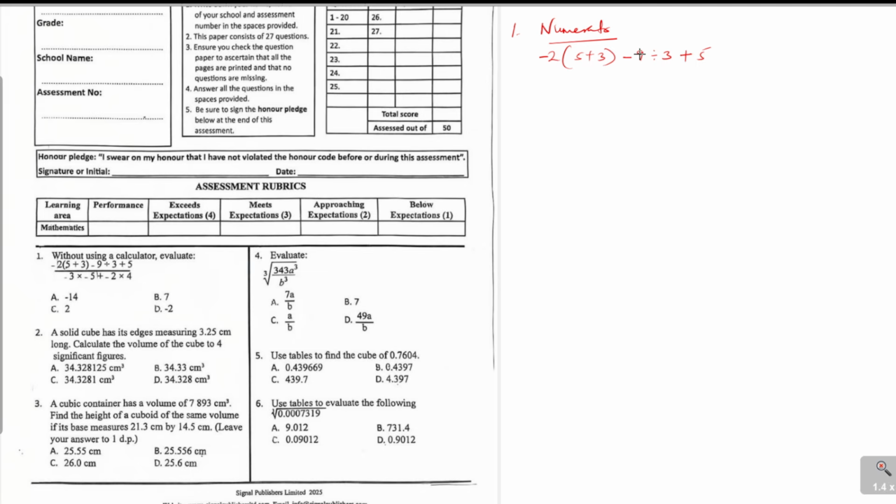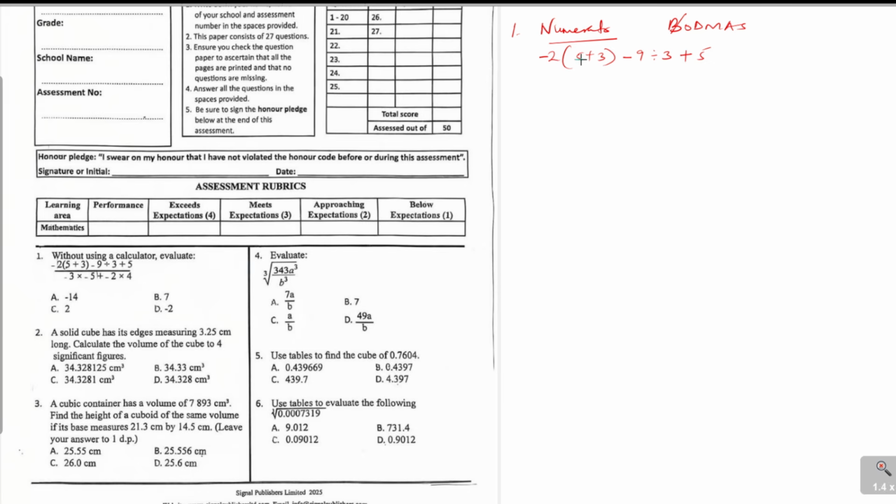So you can see here we have different operations. We have addition, we have bracket, we have subtraction, and we have addition. So we must apply the rule of BODMAS. The rule says you must start working out the brackets first. So you work out whatever is in the bracket.